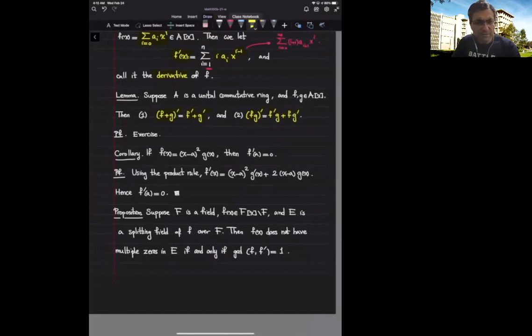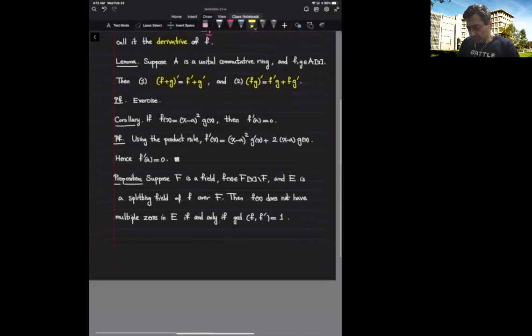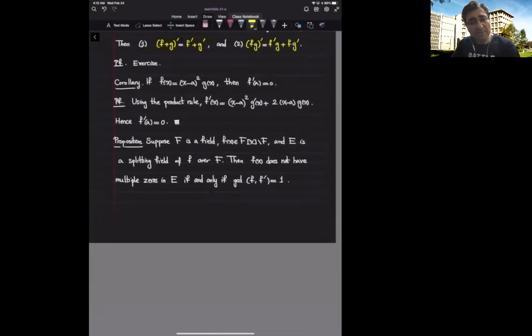So I leave this as an exercise for you to check and see why we have the product rule. It's a bit messy, but it's not very complicated. It's straightforward to check these equalities, but it's a bit lengthy. That's why I'm avoiding doing the computation. But let's see an immediate application of this product rule that's related to multiple roots.